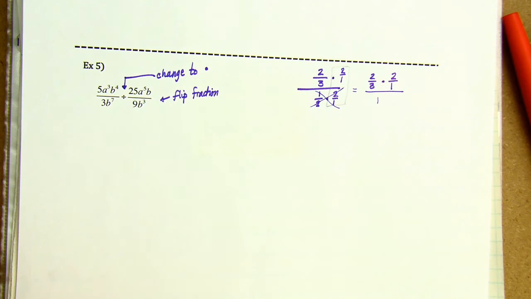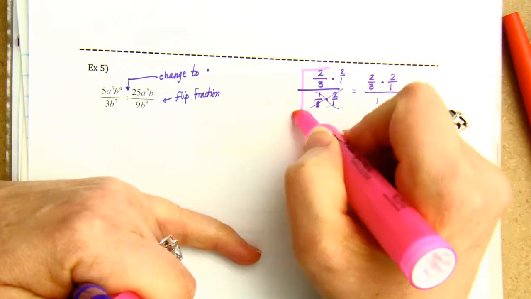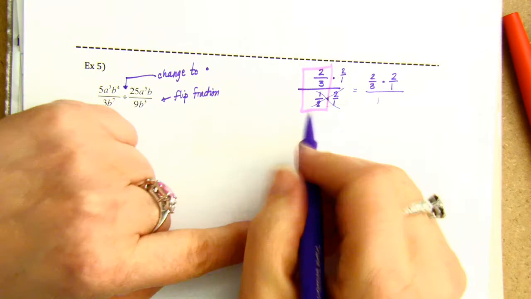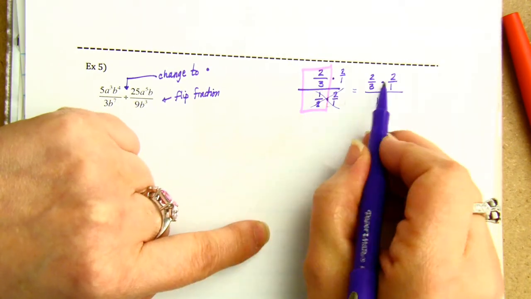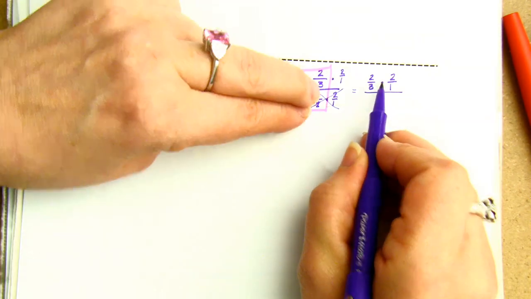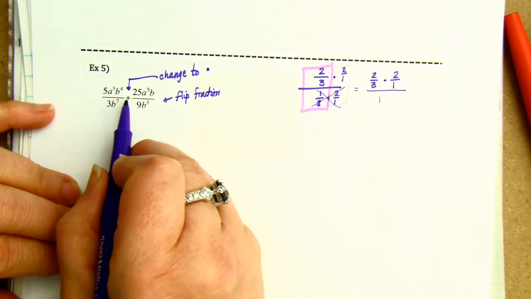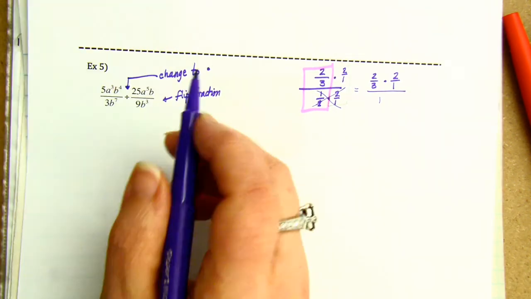But now if we look at my original problem, a fraction divided by a fraction is the same thing as changing the division to multiplication and flipping or inverting the divisor. Okay? So memorize that. When you see division, you're going to change it and you're going to flip this.